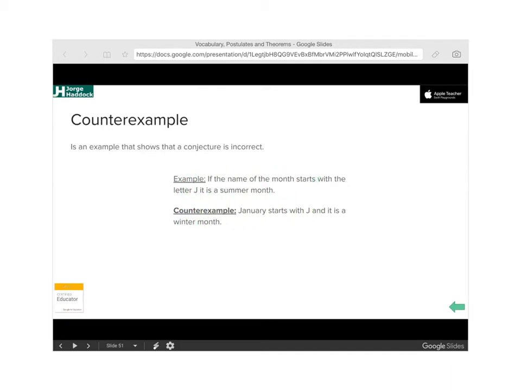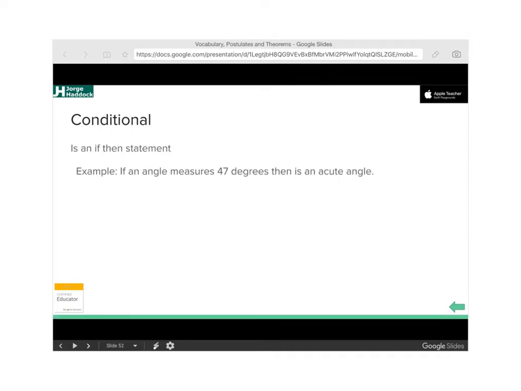My next definition here is a conditional. A conditional statement is an if-then statement. So we're going to have the if part, and then we're going to have the then part. This first part, the part that is between the if and then, is called the hypothesis, and whatever is after the then is the conclusion.